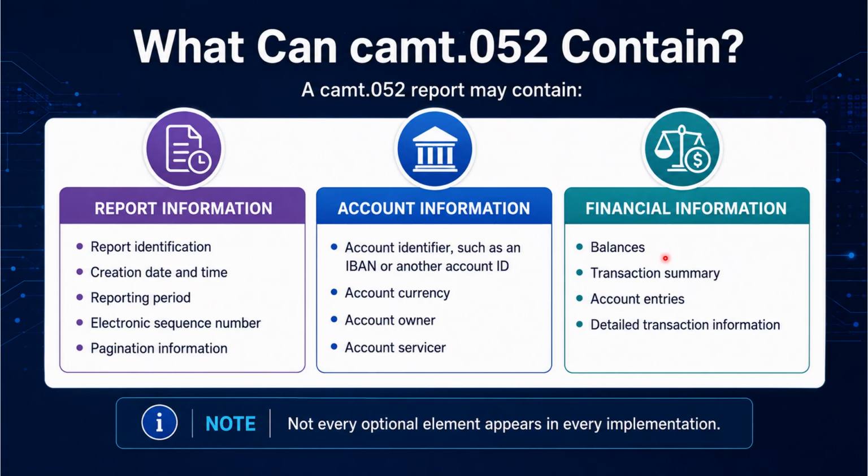Third is financial information, which may include balances, transaction summaries, account entries, and detailed transaction information. This structured data supports account monitoring and reconciliation. However, not every optional element appears in every implementation. The actual content depends on the message version and applicable usage guidelines.